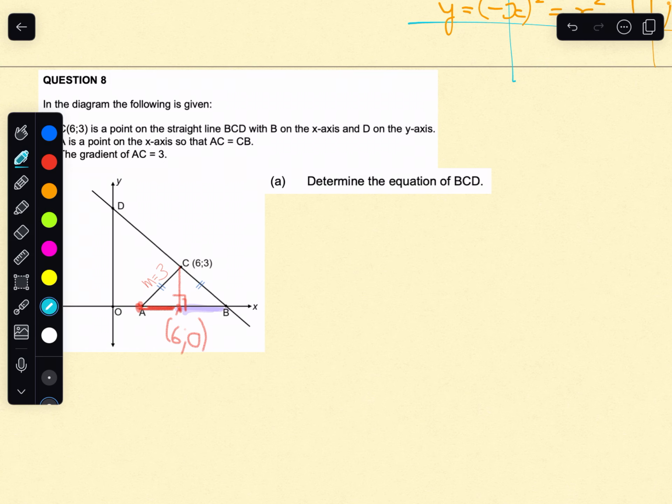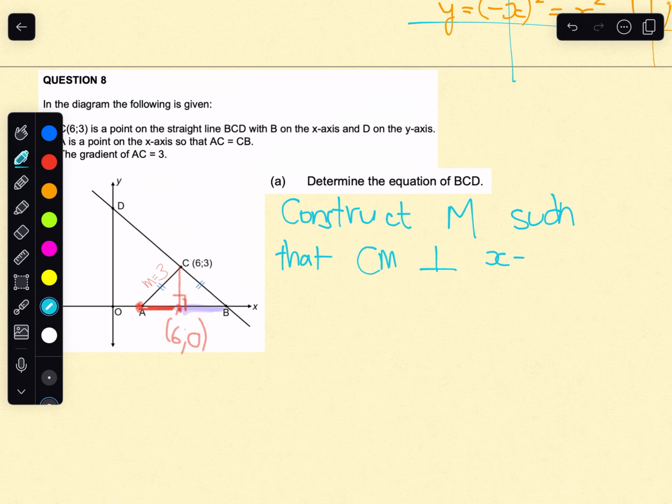Right, so we shall construct, and we'll call it point M, such that CM is perpendicular to the x-axis.